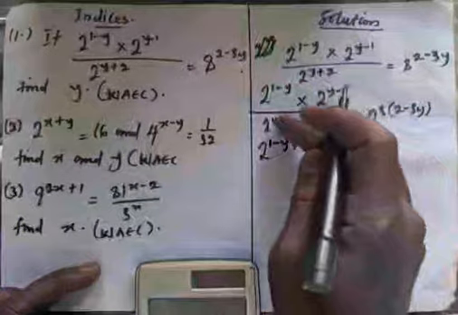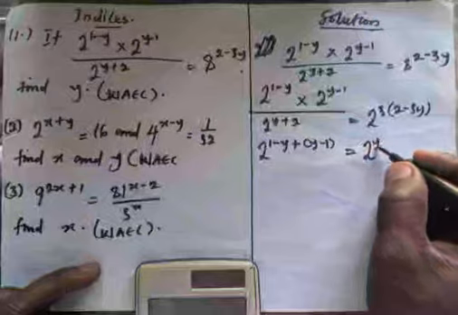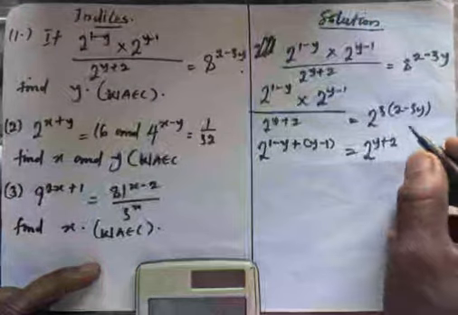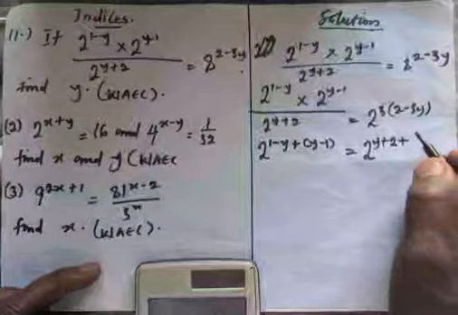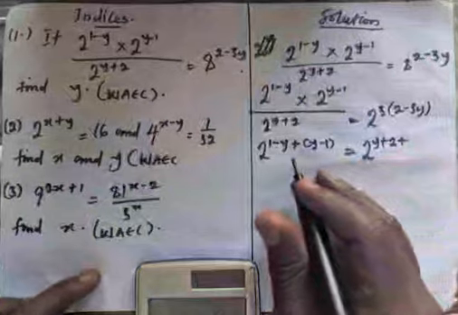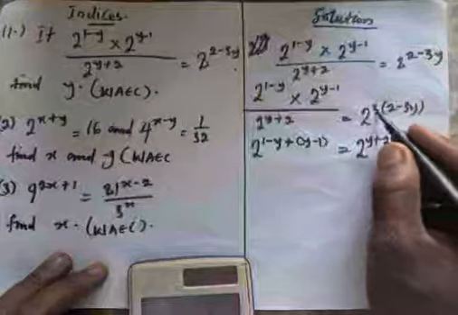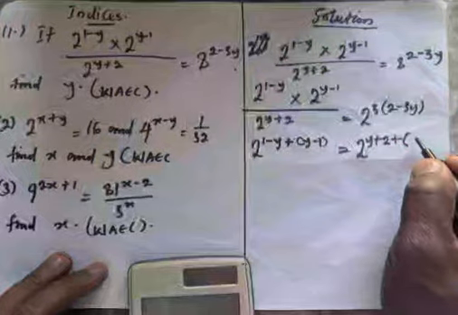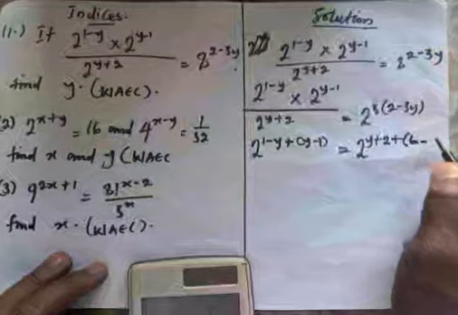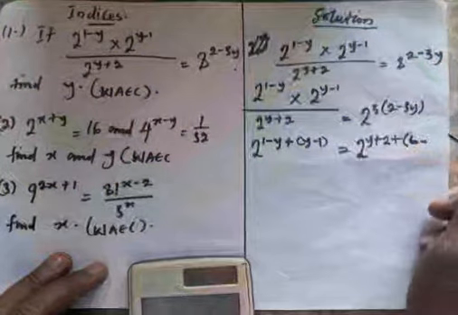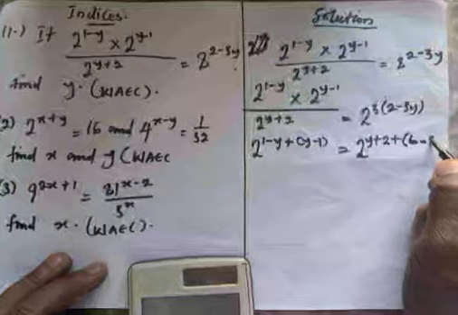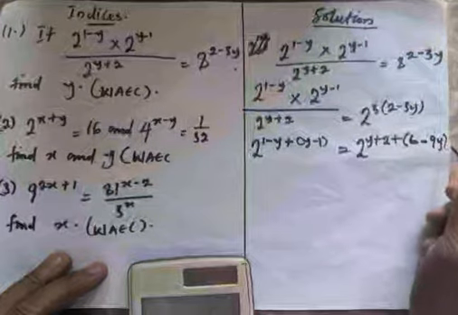Since you are multiplying, the power of the first one is y plus 2. Then the power of the second one plus, if you expand this, you have this multiplied by this, that will give you 6 minus 3 multiplied by 3y, that will give you 9y.